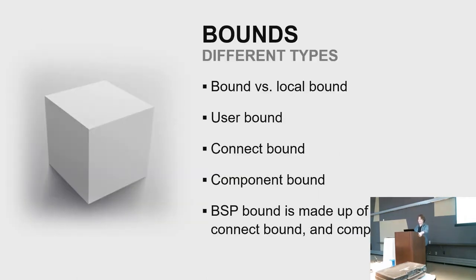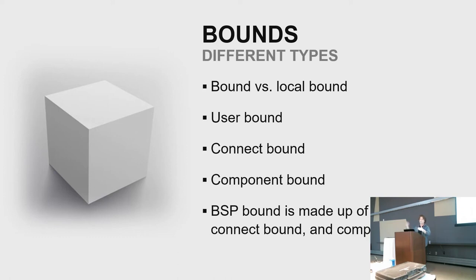There are different types of bounds that you can leverage. So we have local bounds as well as just bounds. We have user bounds. We have connect bounds, component bounds. And then, of course, I want to include this just so you're aware. The BSP bound that it is using to calculate these things is basically concatenating the bound, the connect bound, the component bound, and saying, all of you together, what is your bound?